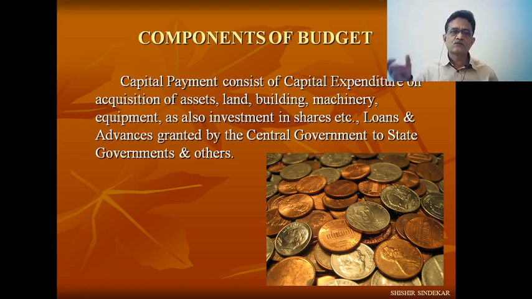I do hope you have understood that in my private budget, I must spend more to purchase land, building, machinery or gold or shares. Similarly, the government must spend more on capital expenditure.